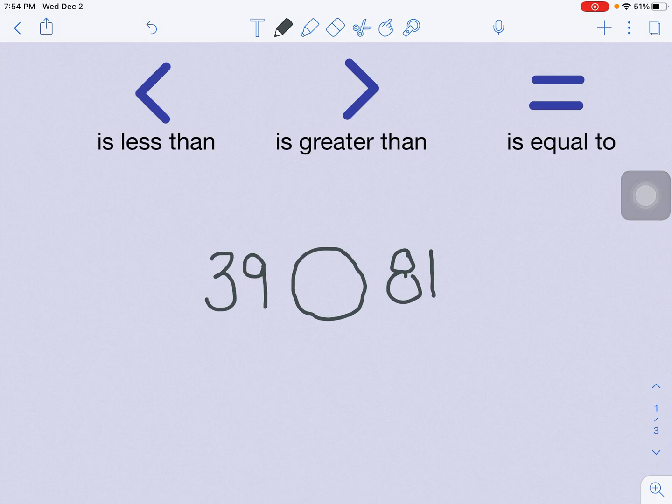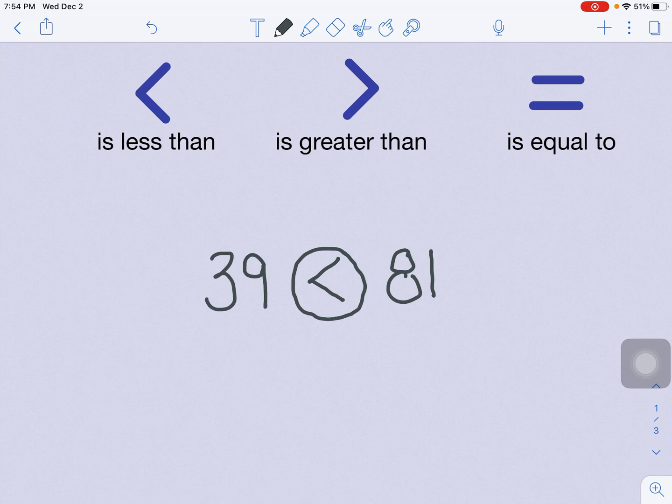That's right, 39, and we're going to read it like we would with a book. 39 is less than 81. Those fishy lips are facing the 81. They want to eat as much as they can.